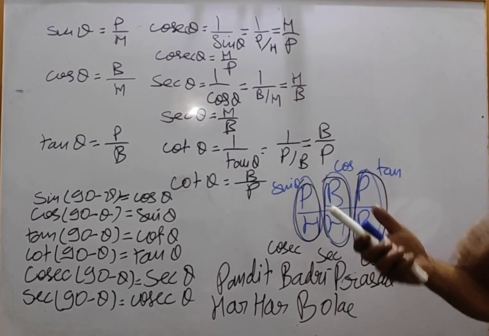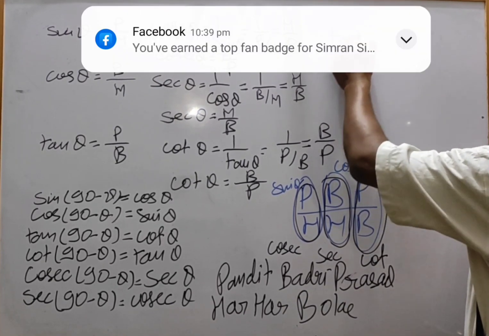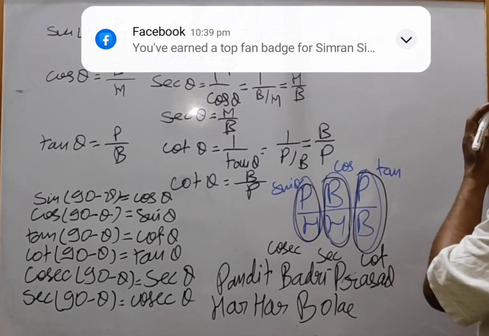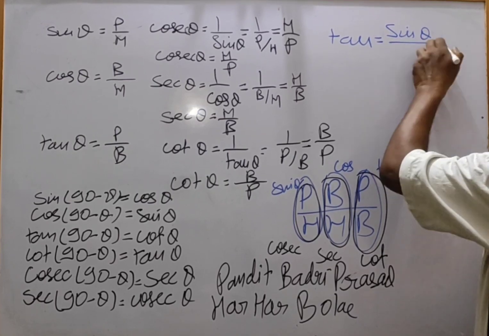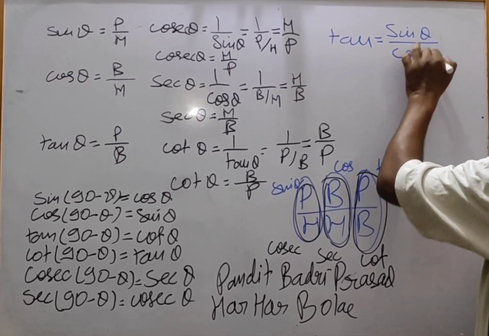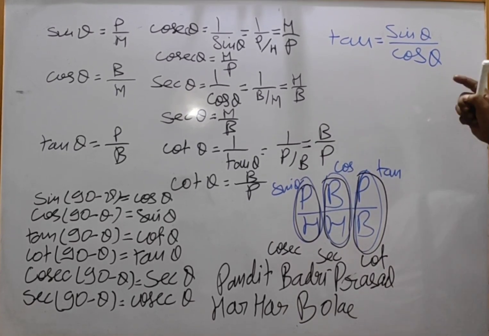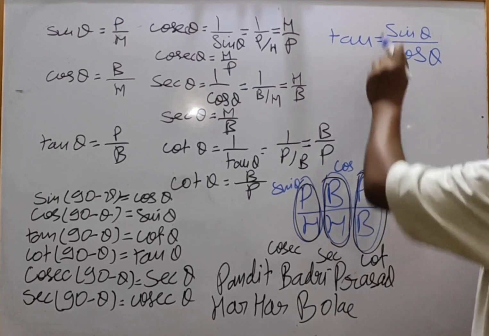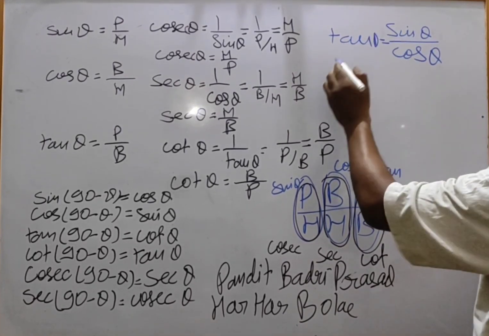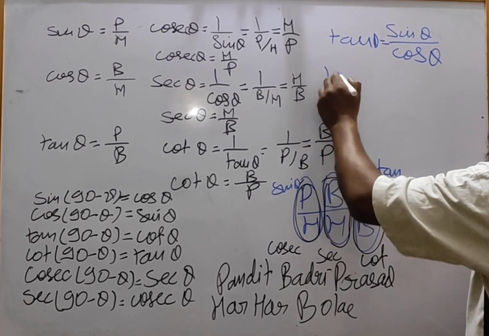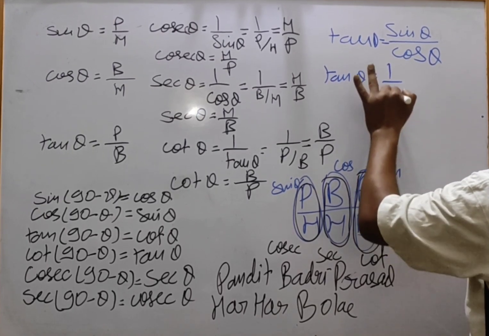Now, one more thing is left: tan theta can also be written as sine theta upon cos theta. As you know, tan theta is equal to 1 upon cot theta.